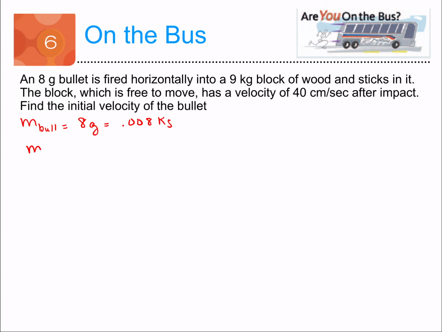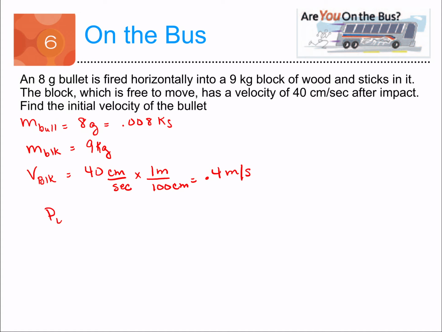The mass of the block is 9 kilograms. The velocity of the block is 40 centimeters per second, which we change to meters. In 1 meter we have 100 centimeters, so that's 0.4 meters per second.